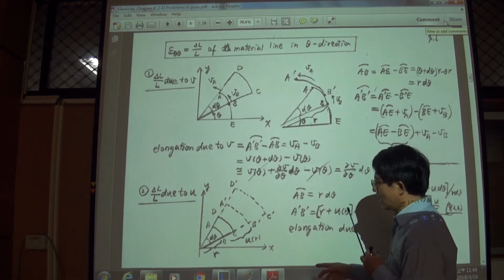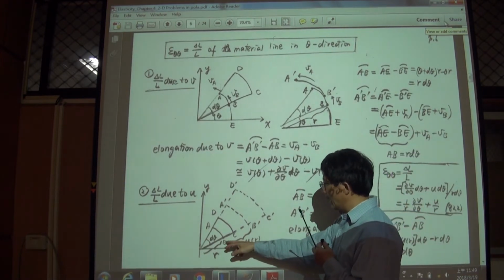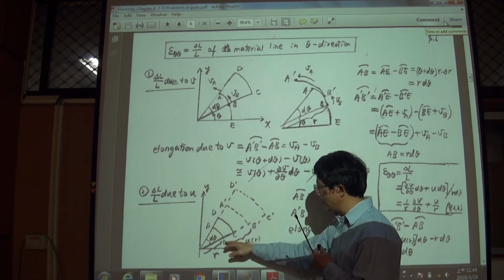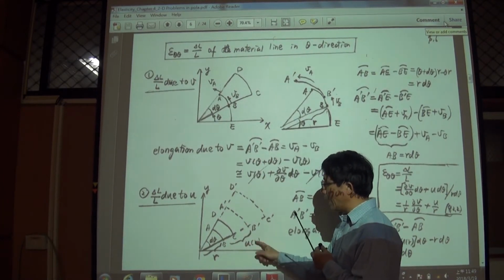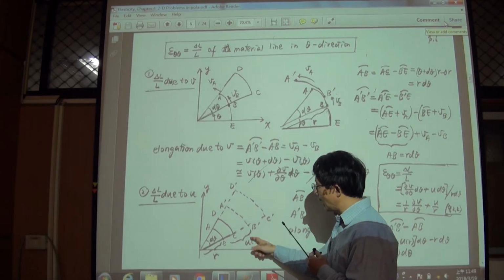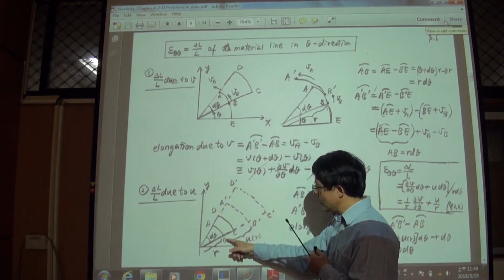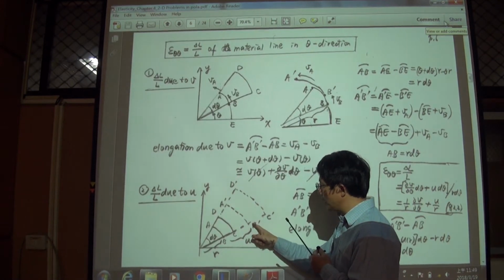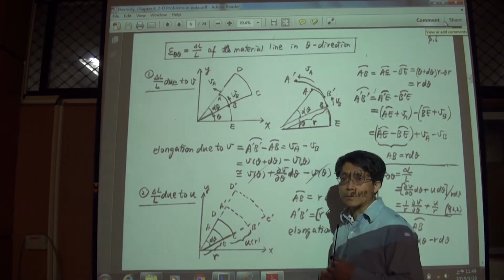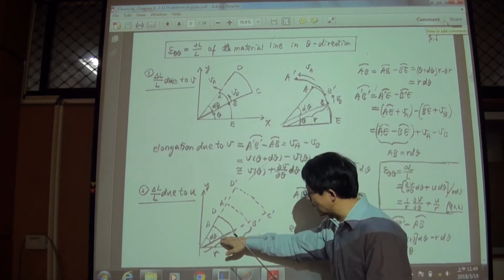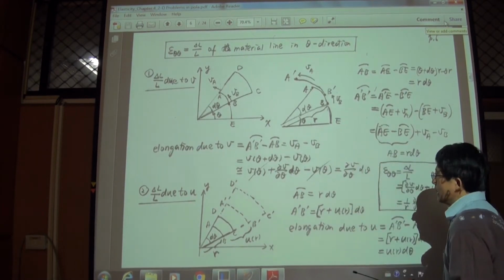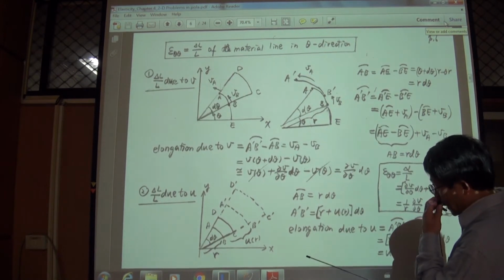Now we consider the displacement between B' and B. We say that it is UR. Point B will go to point B' due to this displacement. This displacement is along the R direction. Okay, it is clear.